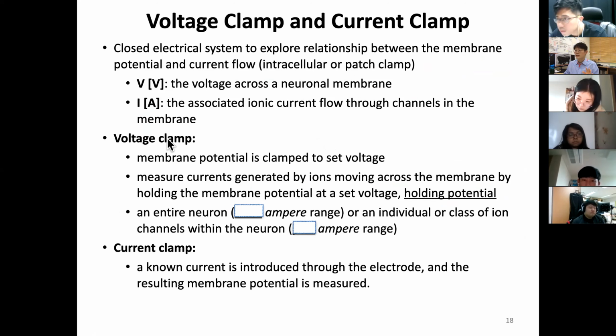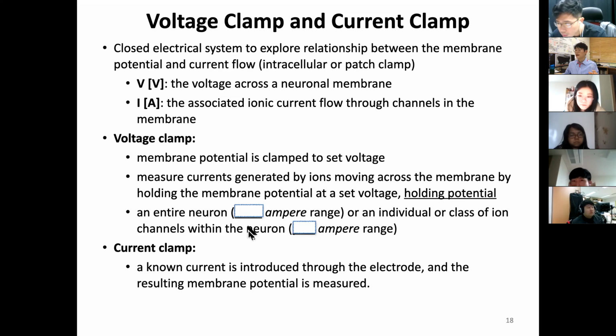So voltage clamp means fix, okay? The membrane potential is clamped to a set voltage, as I showed you, the command voltage. And you measure the current generated by ions moving across the membrane by holding the membrane potential at a set voltage, which we call the holding potential. There are different kinds of current you can measure.